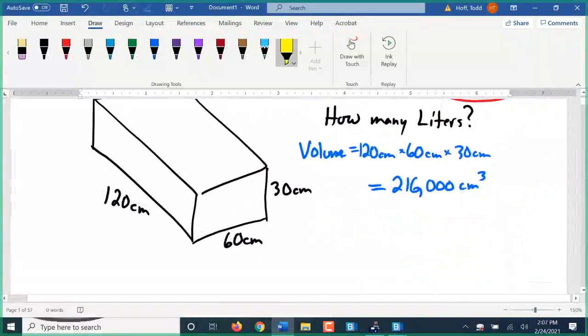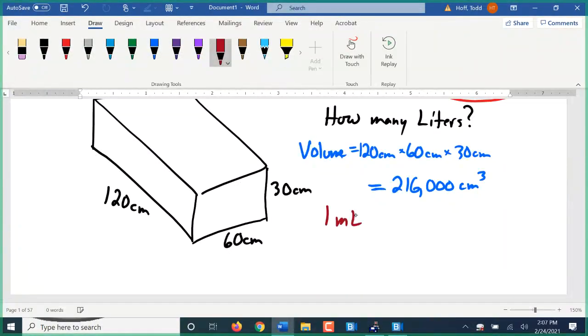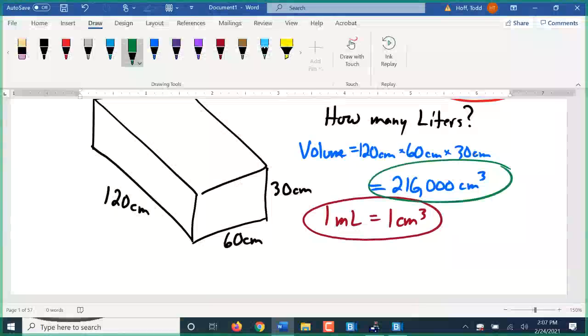Well, the metric system, as we mentioned yesterday, they planned for this conversion from volume to capacity. 1 milliliter is defined to be 1 cubic centimeter. Because of that, 216,000 cubic centimeters is equal to 216,000 milliliters.